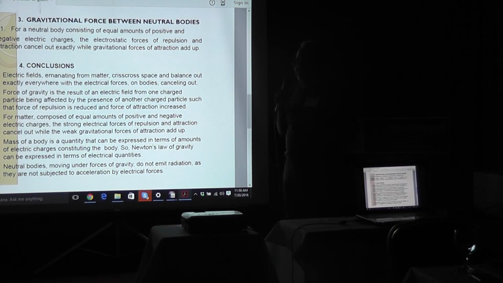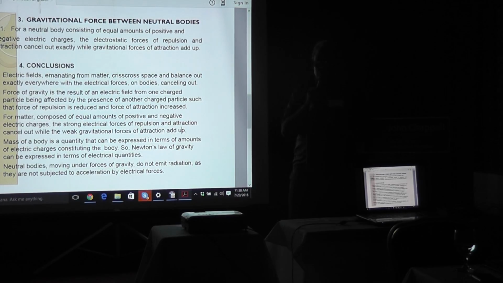Light radiation is propagated along the electric fields. The concept of ether being a uniform medium filling space is untenable. If there is such a uniform medium, it has to fill the whole of infinite space.